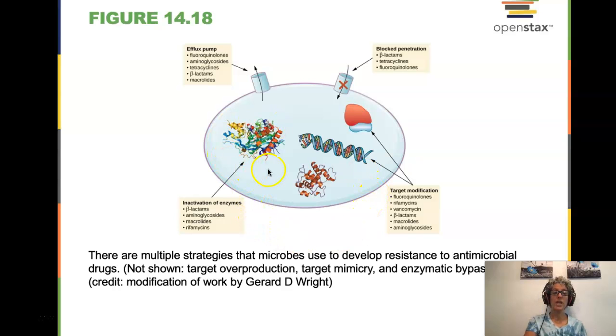There can be inactivation. There are enzymes in the bacteria that just say, all right, the drug got in, the target is fine, but the enzyme is just going to inactivate that drug. And lastly, there are some organisms that can just pump the drug back out.